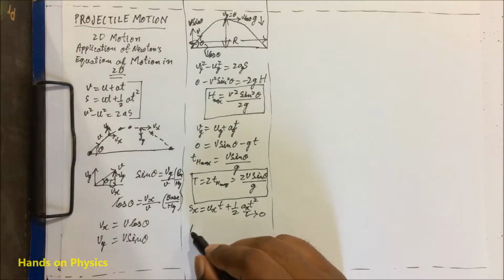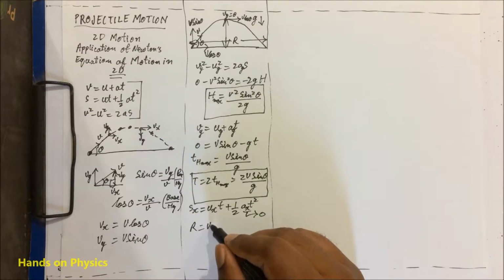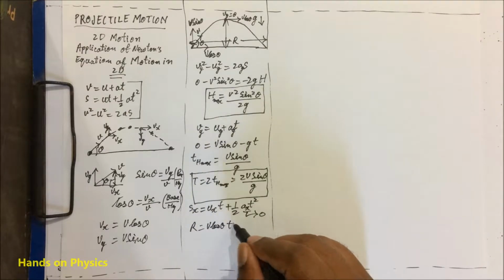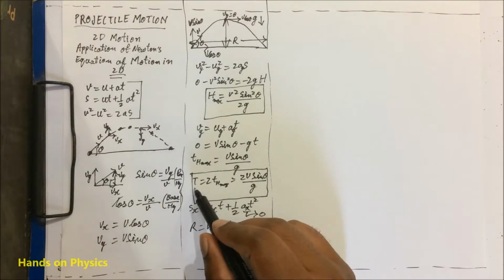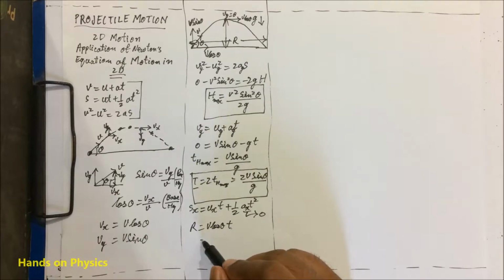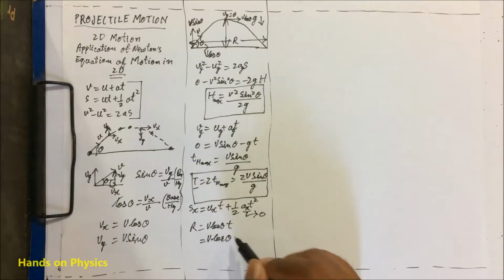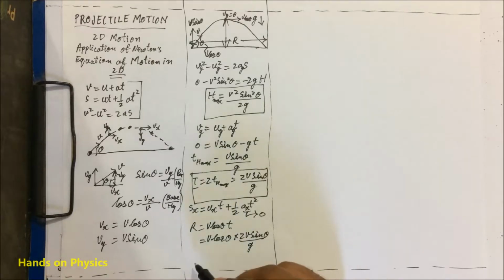So we can write range is equal to v cos theta times t, and from here if we put the value of t, we will get v cos theta multiplied by 2v sine theta upon g, which we can write as R is equal to v square times 2 sine theta cos theta, which is sine 2 theta, upon g.